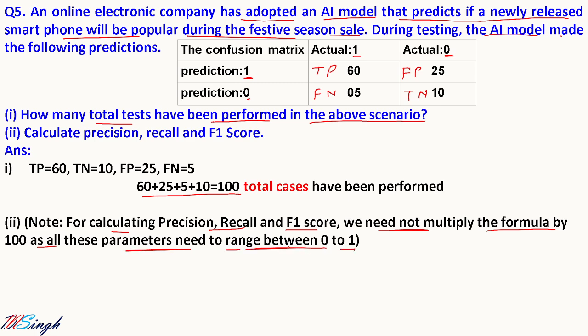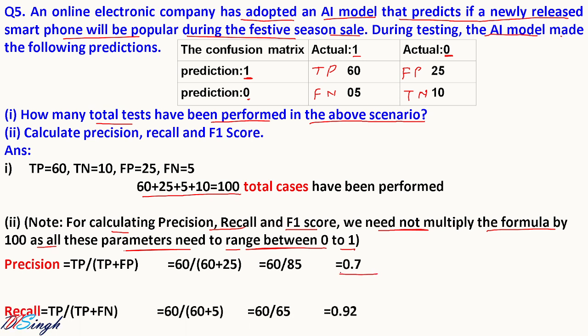So before calculation, we are not going to multiply it with 100. But after calculation, if you want the result in percentage, you can multiply it with 100. Let us see first precision. The formula will be same, TP upon TP plus FP. So that is 60 by 60 plus 25, and you will get the value as 0.75.